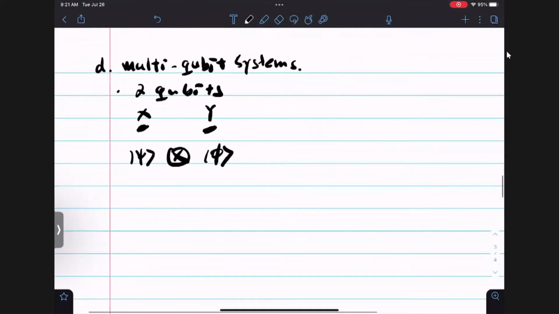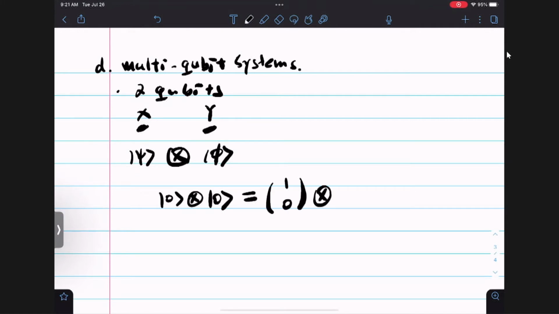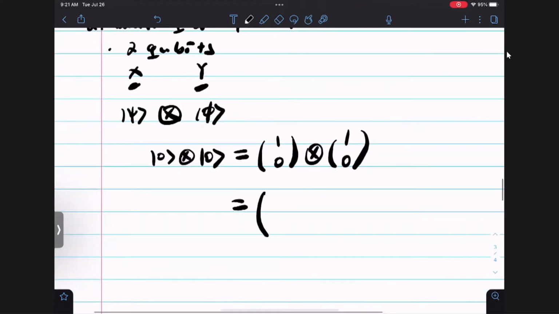So for example, if we have X being in |0> and Y in |0> as well, then this joint system will be |0> tensor product |0>. If you just write it out, so how do we do a tensor product? You just take the entry from the first vector and then make a copy of the second one.